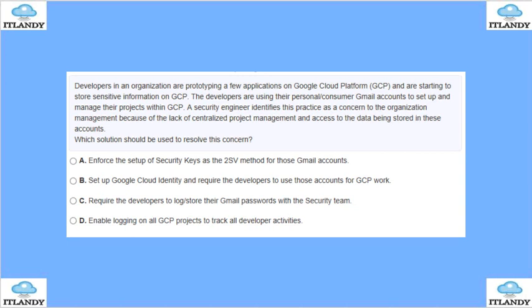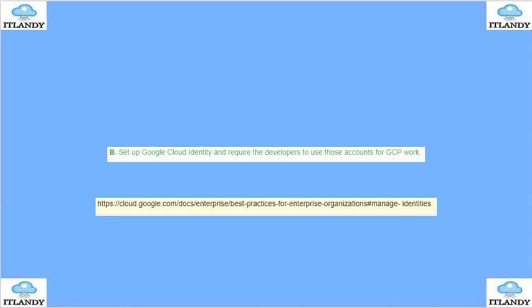You could set up a security key to use TFA methods, or set up Cloud Identity and require developers to use this account, or require developers to log in with their Gmail password, which is unacceptable, or enable logging to the GCP project to track all developer activity. That does not achieve central management. We need central management, so we lean toward answer B: set up Cloud Identity and require the dev team to use the account when they log in.